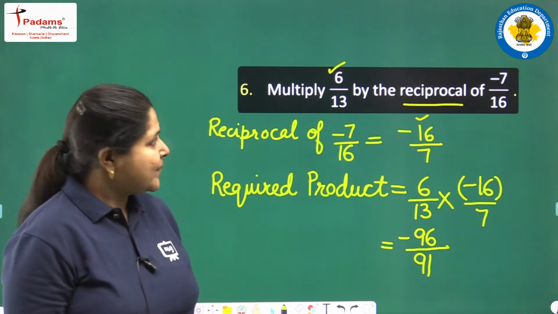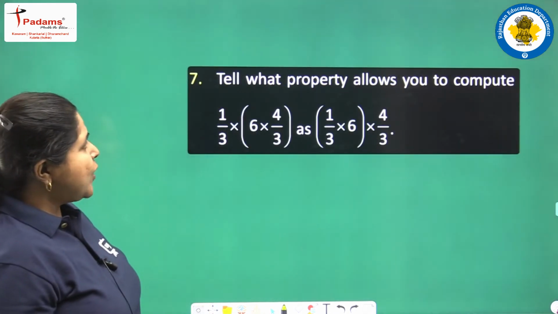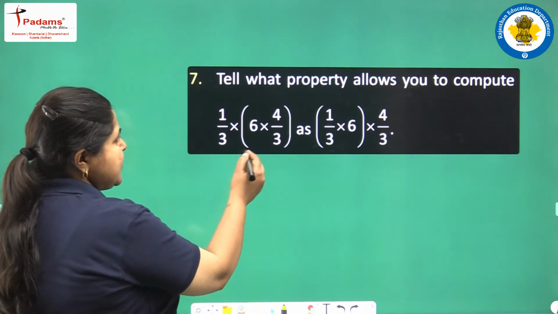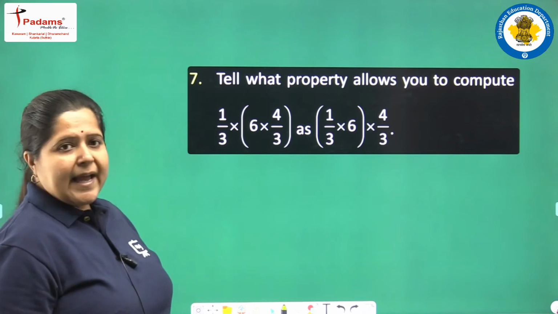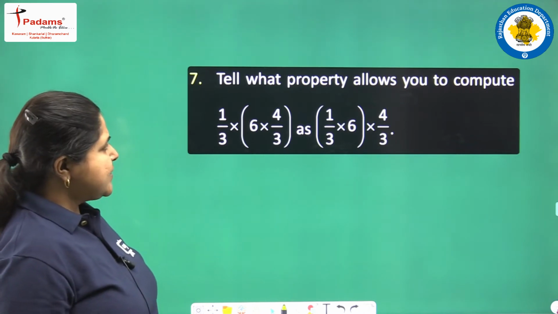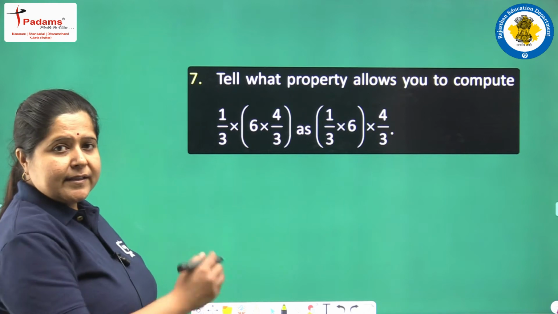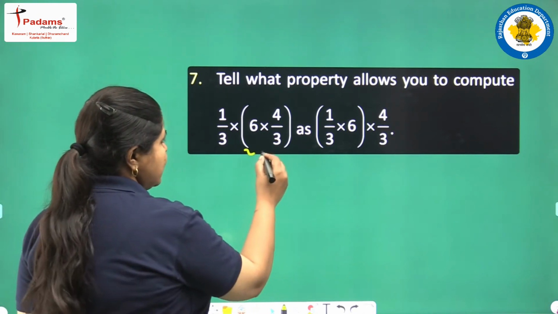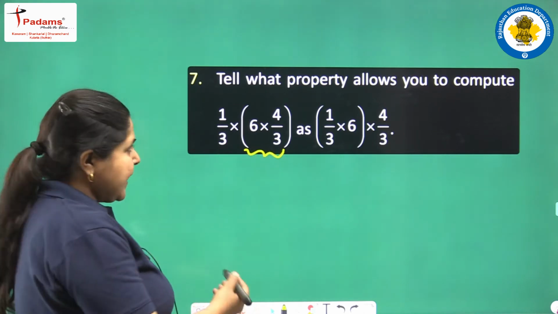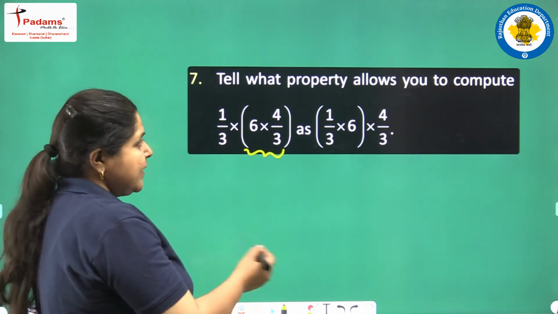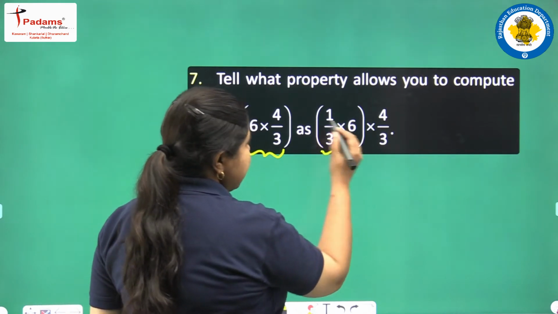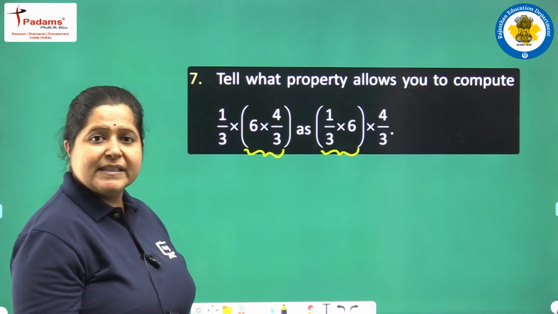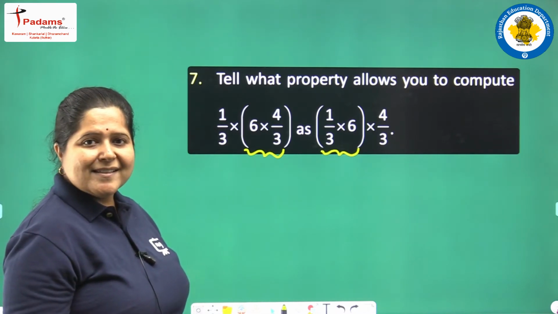Next one is, tell what property allows you to compute 1 by 3 into 6 into 4 by 3 as 1 by 3 into 6 again into 4 by 3. The difference between the two is the pairing up of the numbers. Here 6 and 4 by 3 have been paired first and then 1 by 3 has been multiplied, and in this case 1 by 3 and 6 have been paired up first and then 4 by 3 has been multiplied. Which property is this?